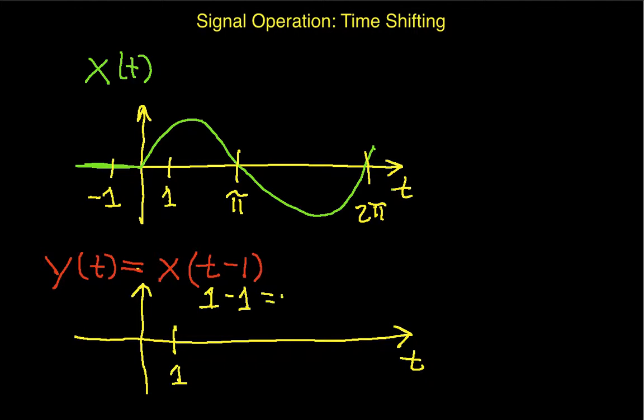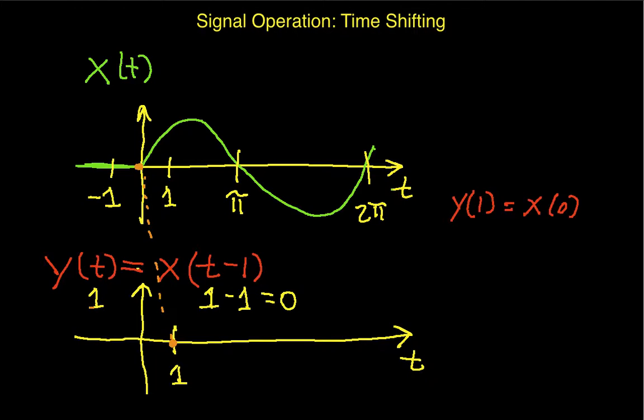So that's equal to 0. So y of 1 is x of 0. X of 0 is this point right here. So basically y of 1 is the same as x of 0. And in fact, we'll build a table over here so we can keep track of these values. Okay, so far so good.